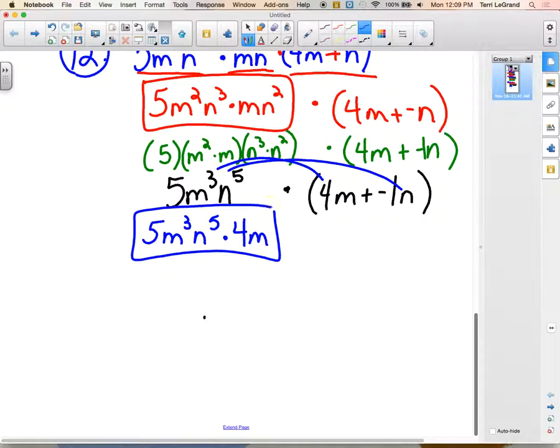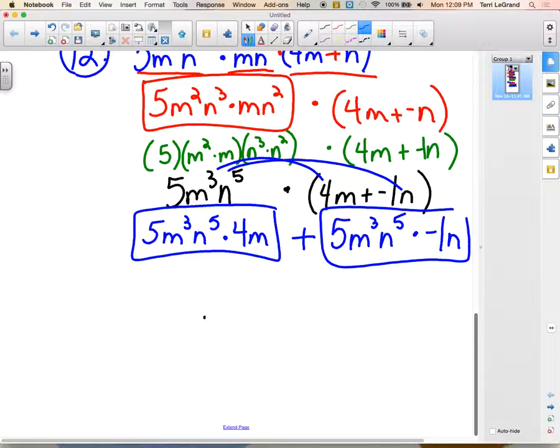There's one of our multiplications. Bring the addition sign down to be in between them. And that 5m cubed n to the 5th now is going to get multiplied times the negative 1n, our other multiplication.